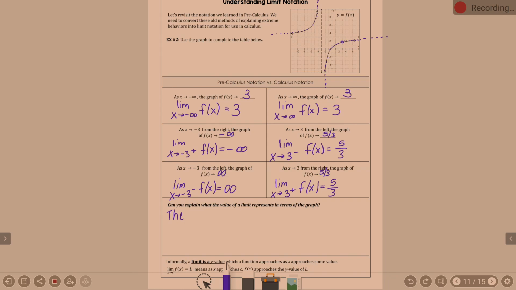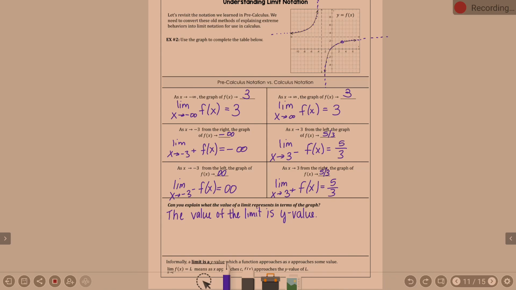The value of the limit is the y value. Limit can also occur approaching a hole or an asymptote. Okay.